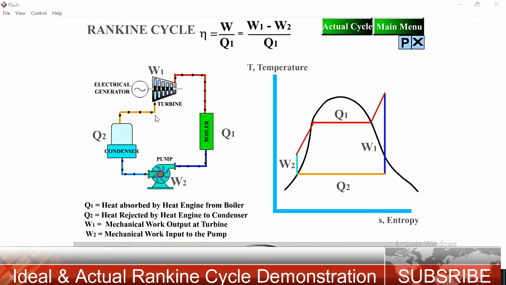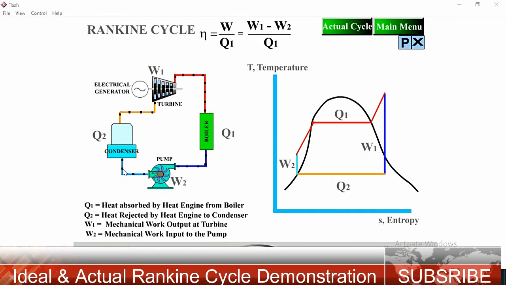Next, process 2 to 3. In this portion, there is constant pressure heat rejection, you can say an isobaric process is involved.